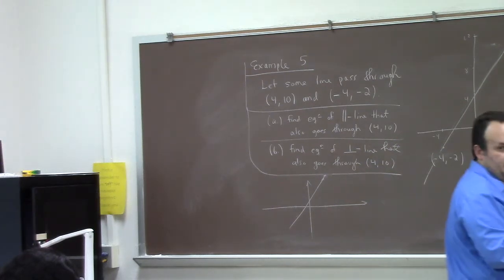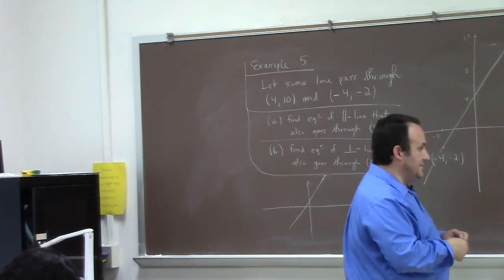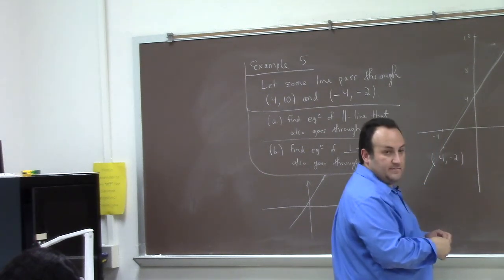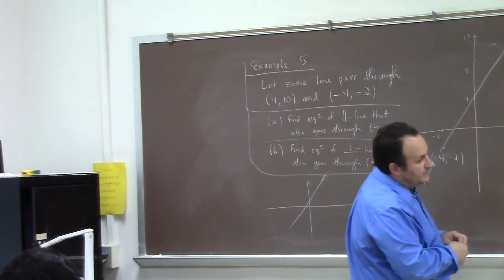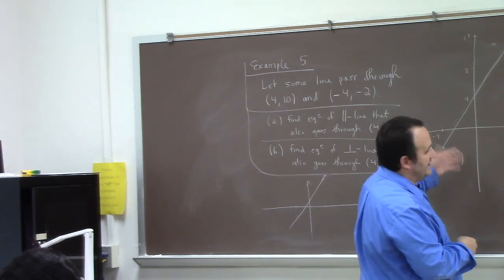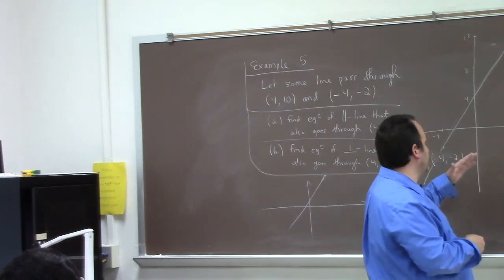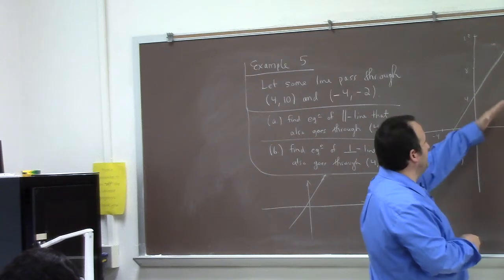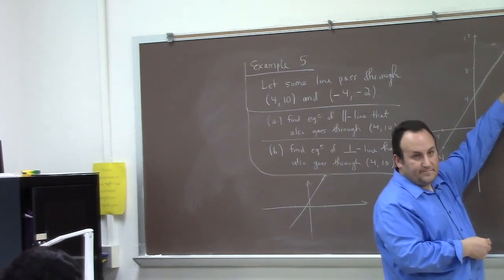And that would be the difference. It would not have been the same line anymore. It would have been the line that goes through (6, 7), which is down here somewhere.